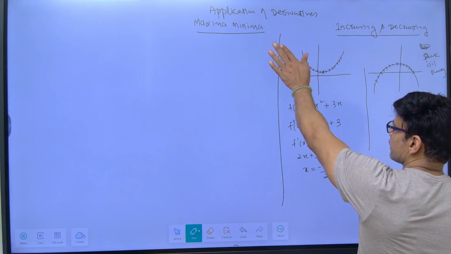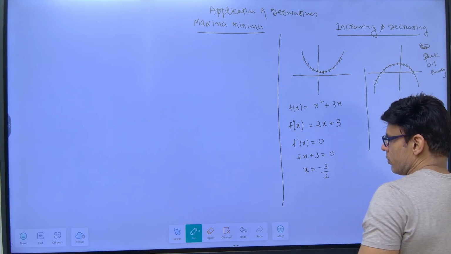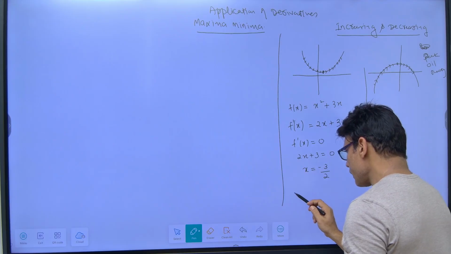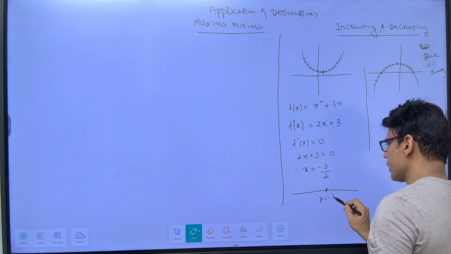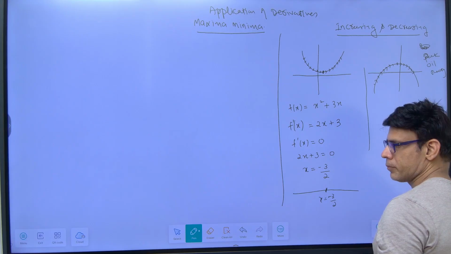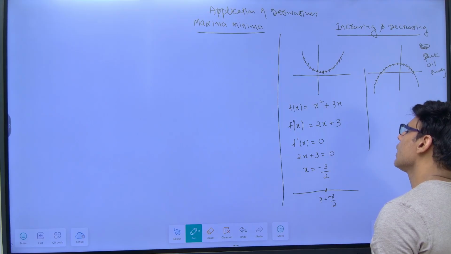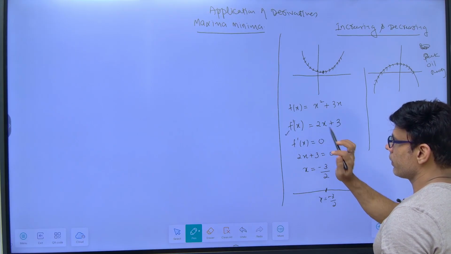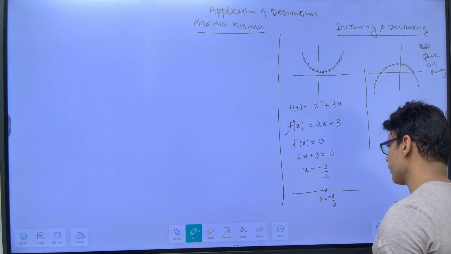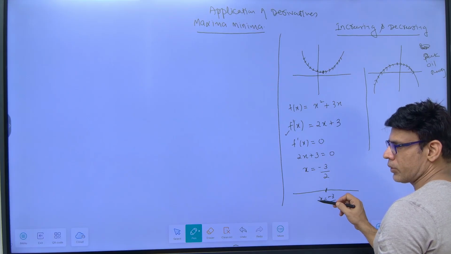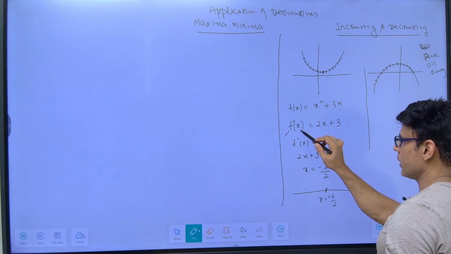I'm just explaining to you; this graph is not of this function. So x is equal to minus 3 by 2. Now once you get the value of x, you take a number line and write x is equal to minus 3 by 2 somewhere. Then you have to take some value less than minus 3 by 2, say minus 2, and substitute it in f dash x.